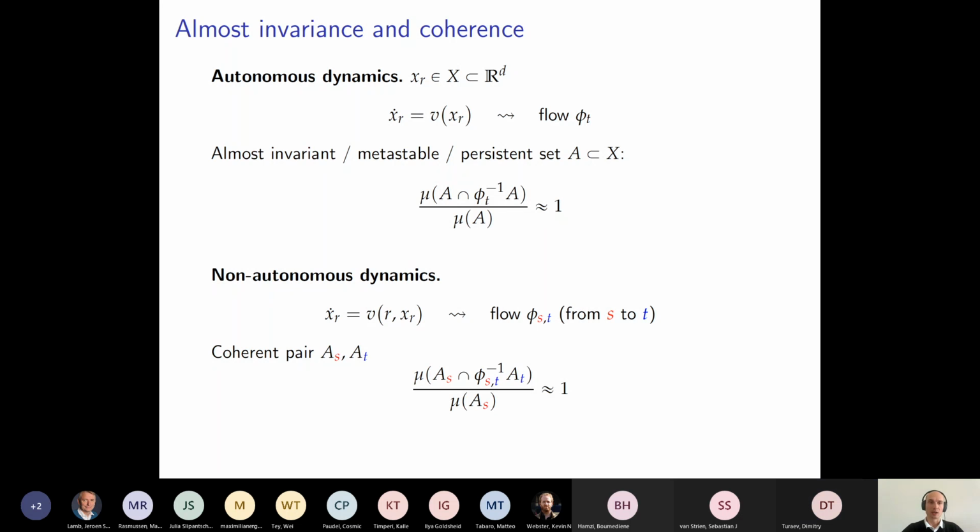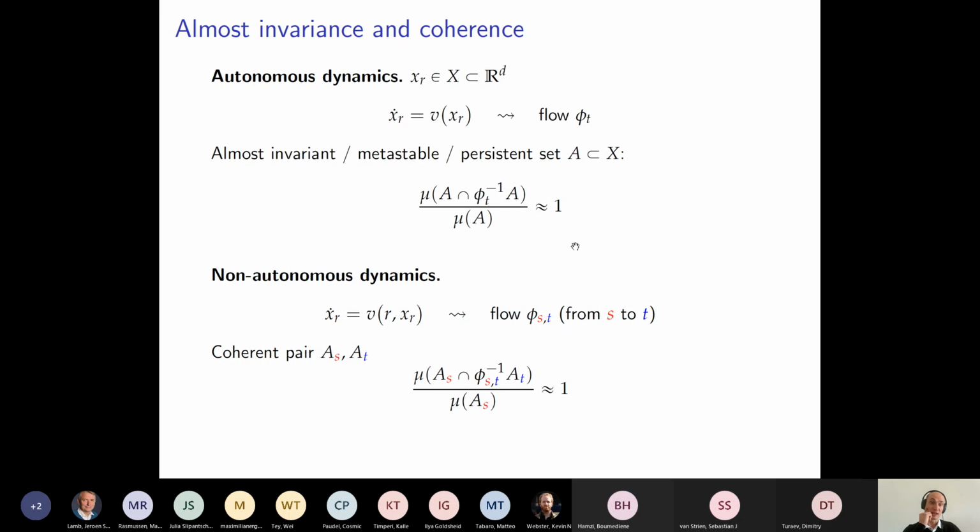So you can, of course, consider different sets at this point, and you can ask, okay, what is, for example, maximizing this ratio for all sets for which mu of A is 1/2, assuming that mu is a probability measure, so mu of X is 1.